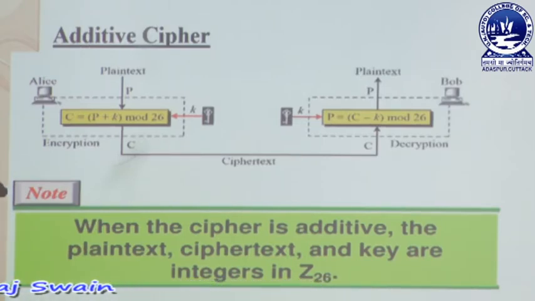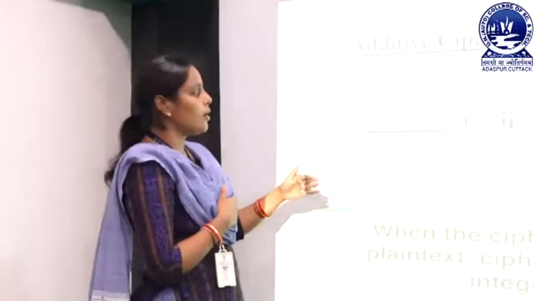So in the encryption we add the key value to the plain text, find the mod 26 and get the cipher text, and in the decryption algorithm we subtract the key value from the cipher text, find the mod 26 and get the plain text.